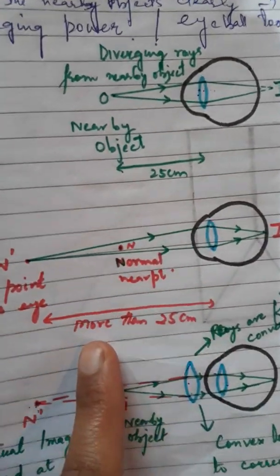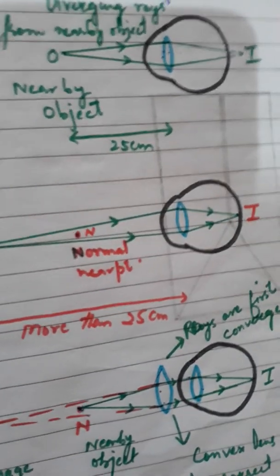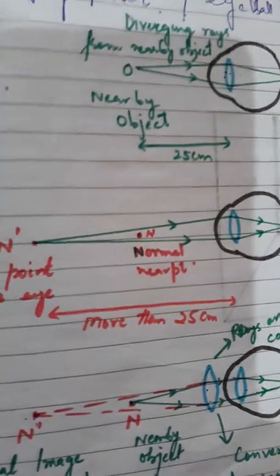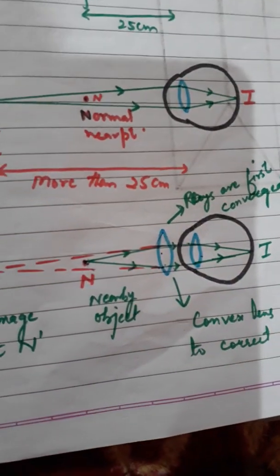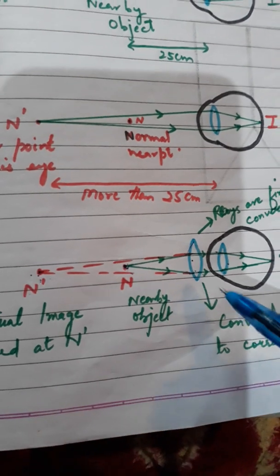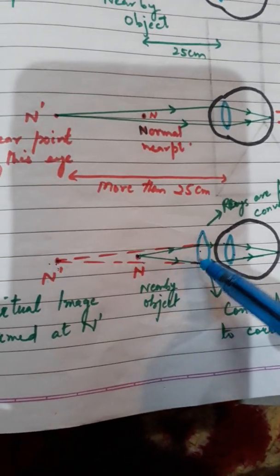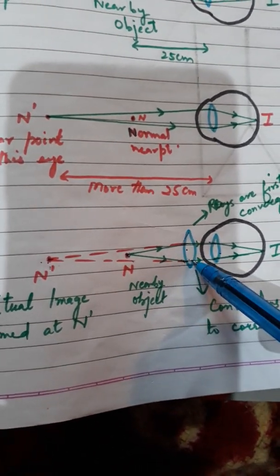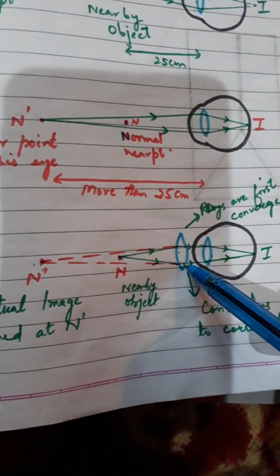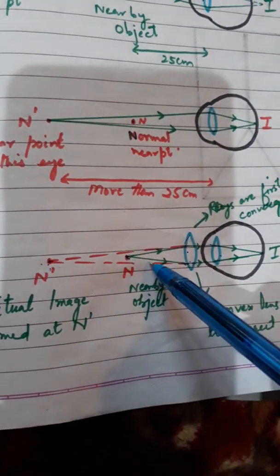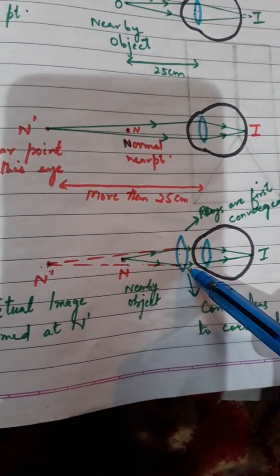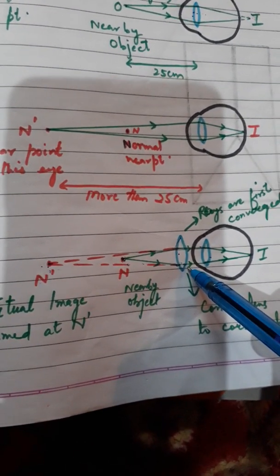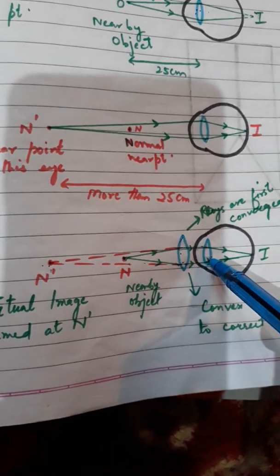and this can be done by putting a lens which increases its converging power, that is, a converging lens, a convex lens. So hypermetropia is corrected by using spectacles containing a convex lens. Now what happens when a convex lens of suitable power is placed in front of a hypermetropic eye? The diverging rays of light coming from a nearby object placed at 25 centimeters are first converged by this lens.